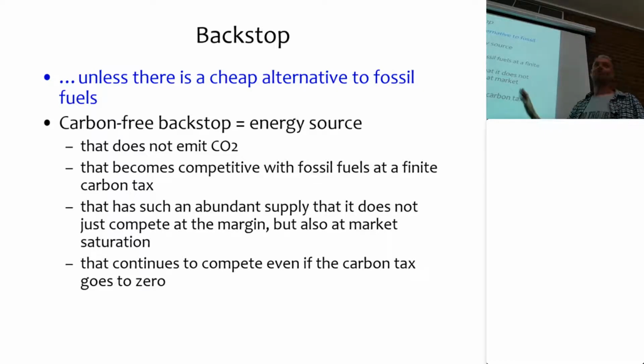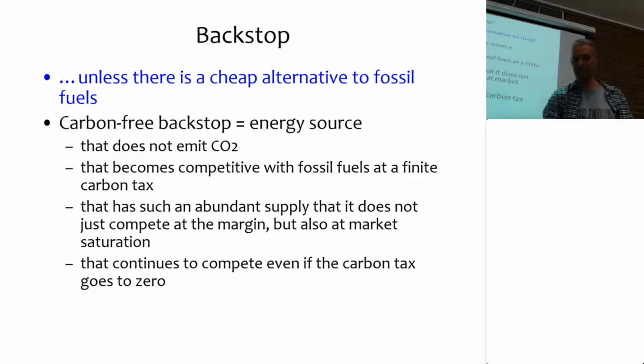Now, if that happens, if your energy supply becomes carbon free, then your climate problem disappears, right? And with that, the justification for imposing a carbon tax disappears. But you then need to assume that your energy system or your economy is hysteretic, that is, it does not go back.